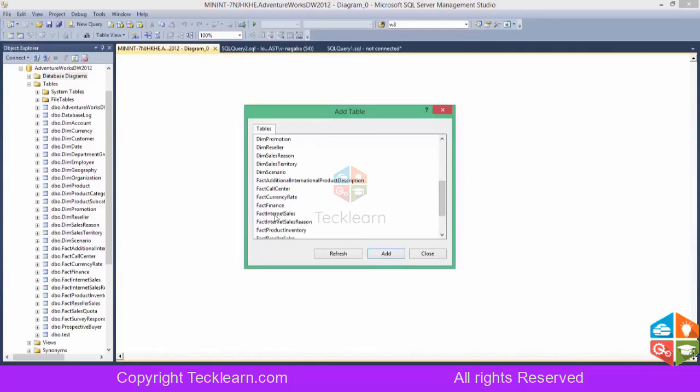So I have one table called FactInternetSales. What this table essentially has is all the sales which are happening through the internet. I have two mediums. I have a superstore where I do sales both online and through local, physical stores.